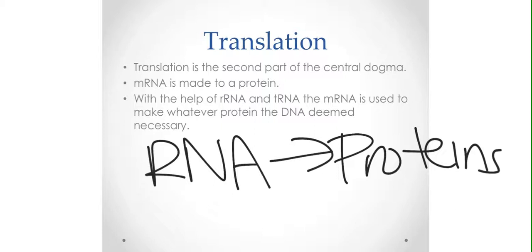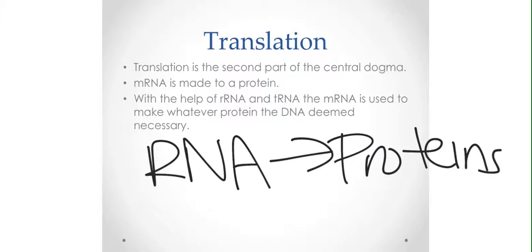Now we have another type of RNA that's going to come in. So after messenger RNA leaves the nucleus and moves to a ribosome, which consists of ribosomal RNA and proteins, the ribosome reads the sequence of codons in the messenger RNA. Molecules of tRNA, which is translation RNA, bring amino acids to the ribosome in the correct sequence.